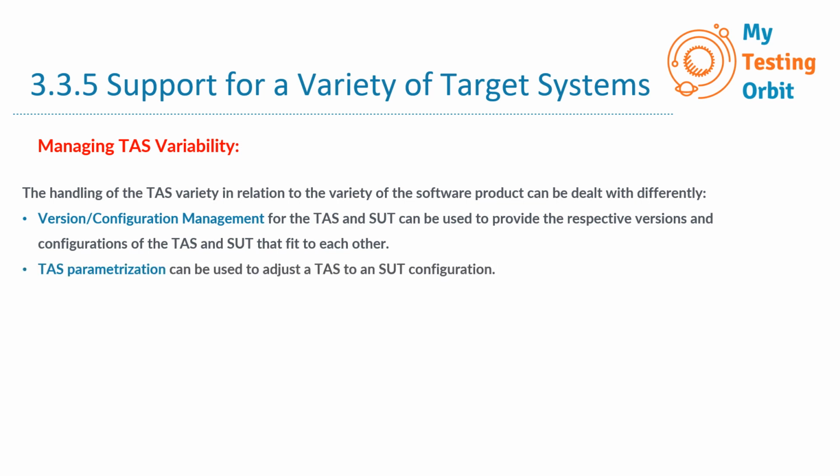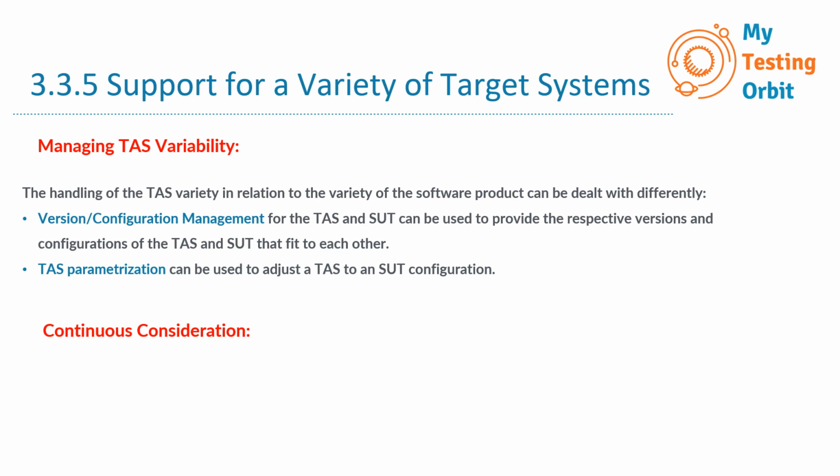Next one is TAS parameterization can be used to adjust a TAS to an SUT configuration. TAS parameterization means that the TAS can be adjusted or configured to match the specific configuration of the SUT being tested. In our example, if a client uses a unique database system, the TAS can be parameterized to interact with that database.